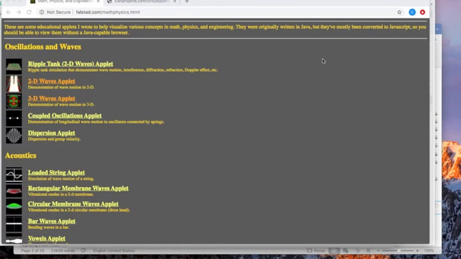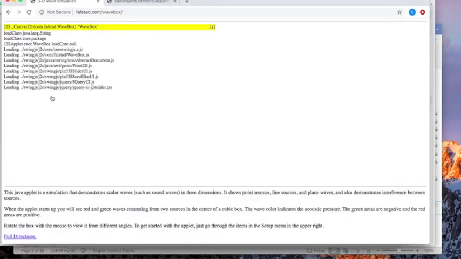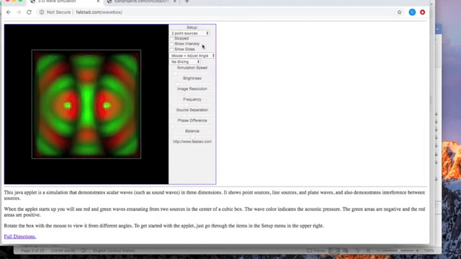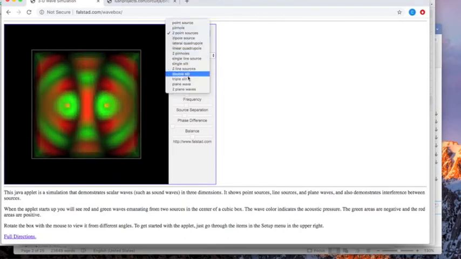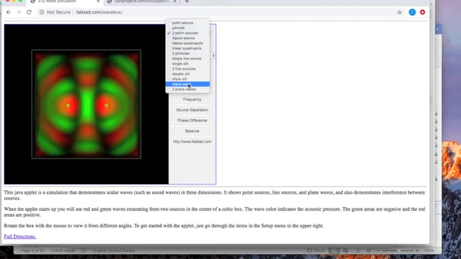Here I'd like to show you a couple of nice looking simulations of these plane waves and LC circuits. So if we go to falstad.com, he's got a bunch of these nice simulations, all kinds of different things, a 3D waves applet, and we can choose to look at, let's see, plane waves.